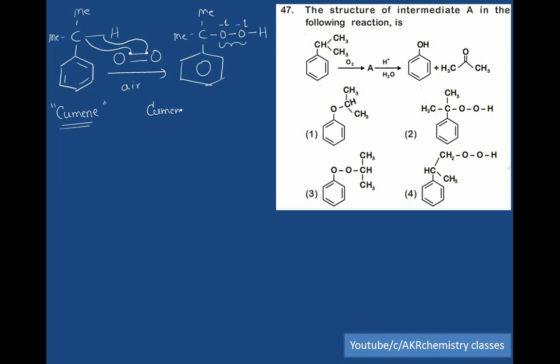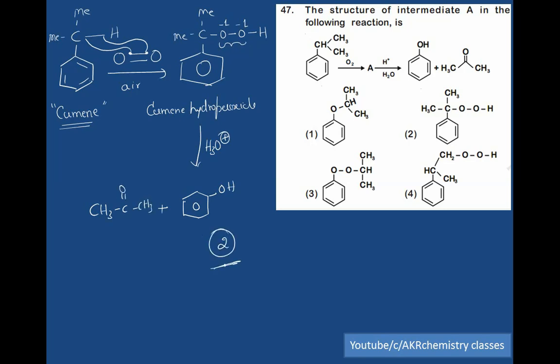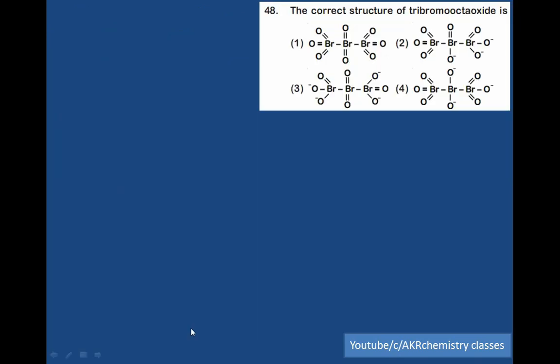You get cumene hydroperoxide, which is an unstable intermediate, which is subjected to acid hydrolysis. Phenol is obtained and acetone. So the second option is the right answer. Note it down.